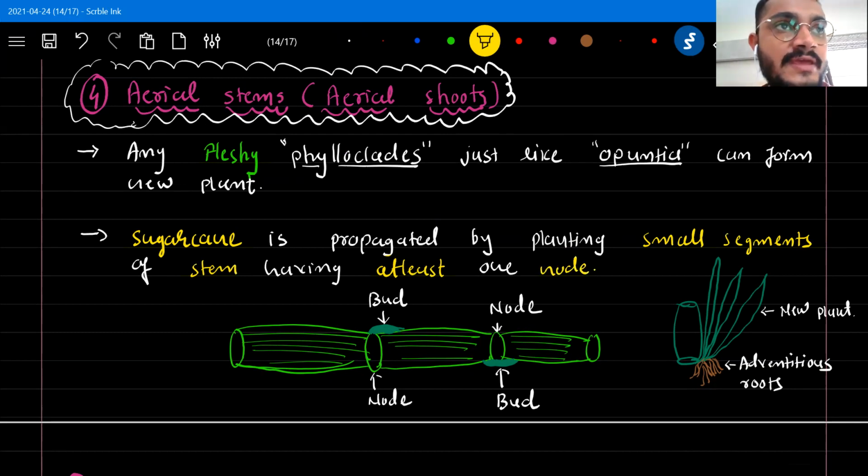Almost 20 to 30 centimeters, about a half-foot piece, is taken. And after taking that, just a second.